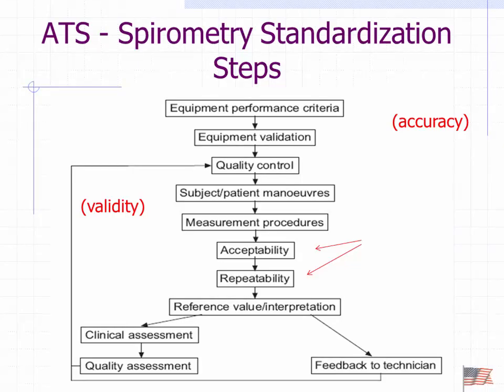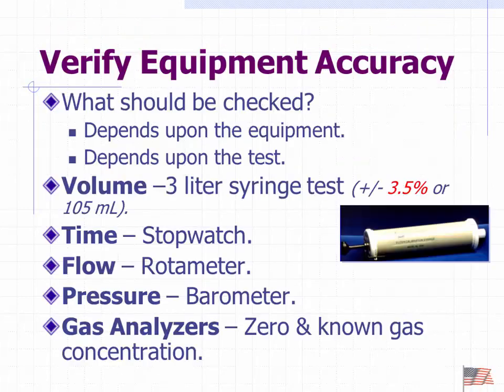And this is just another way of looking at it. This is from the ATS. So what we're going to do is use a calibrated super syringe to verify that the volume that we're thinking we're measuring, we're actually measuring. It's called a super syringe because it looks like a syringe.